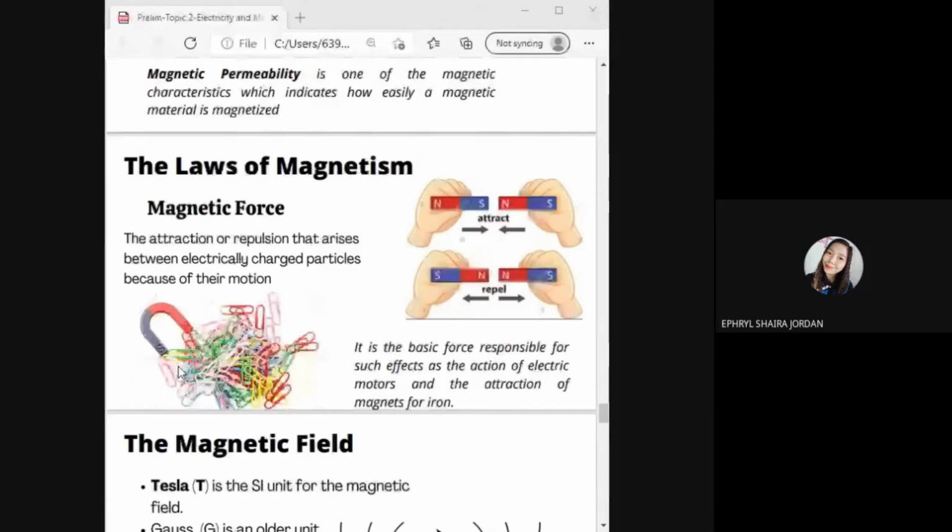So you could observe magnetic force if you're going to place a magnet near iron, it will attract. Yan siya.